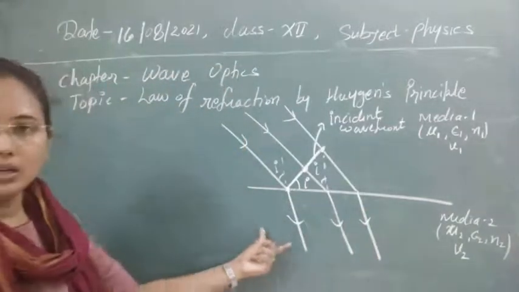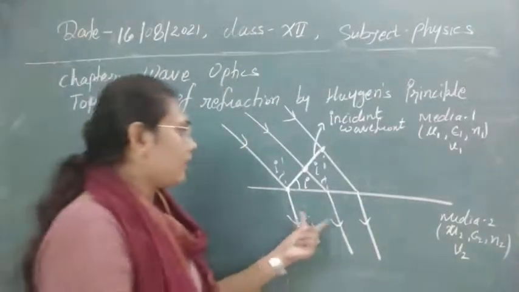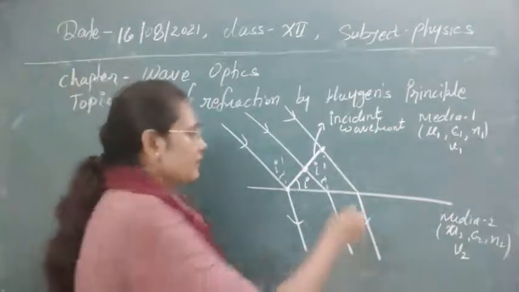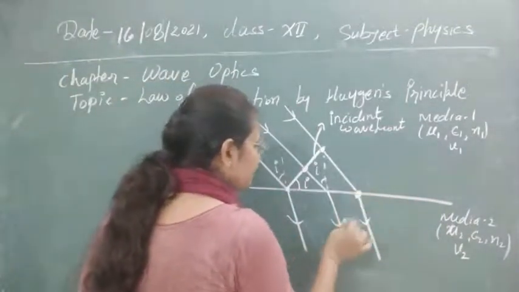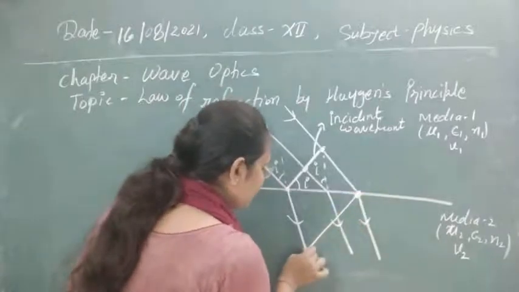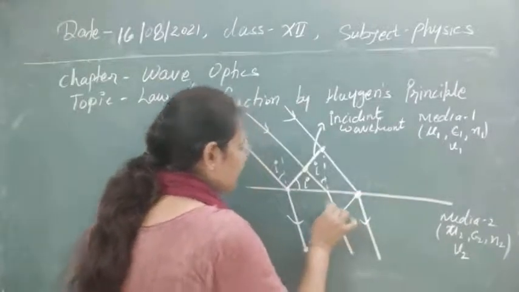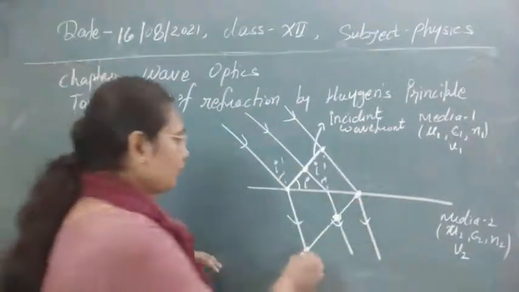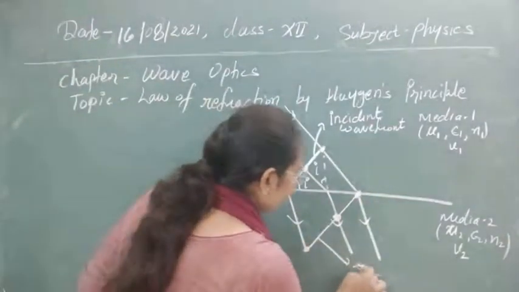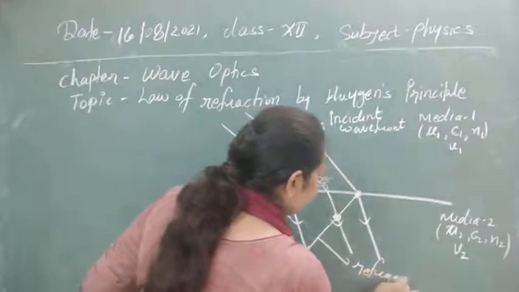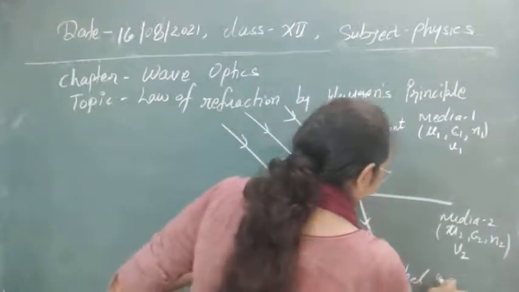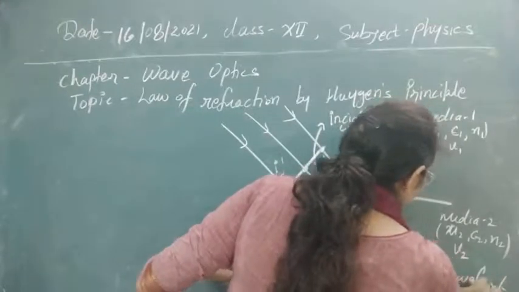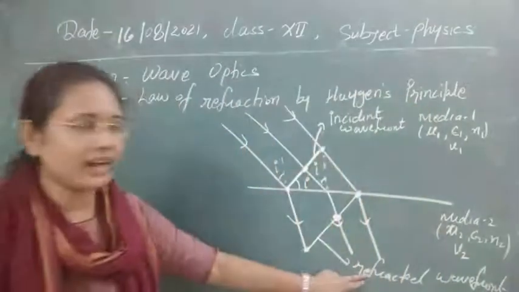Again we can draw the wavefront on which the points are in the same phase. So suppose in the second media, this point and this point, all these points are in the same phase. The locus of these three points will be called the refracted wavefront. So this is our incident wavefront, and this is the refracted wavefront.